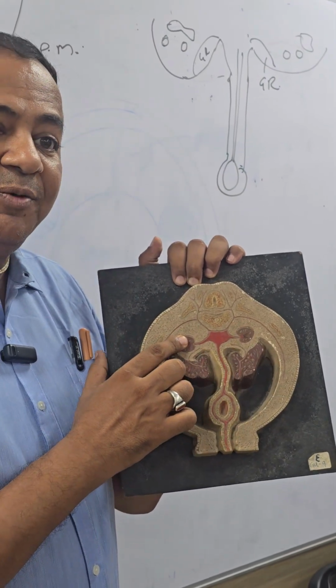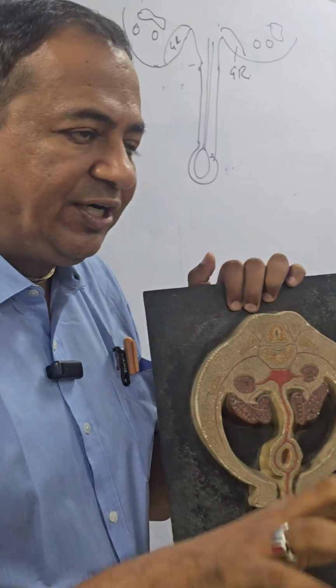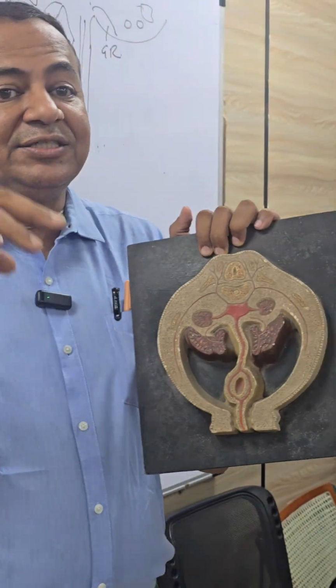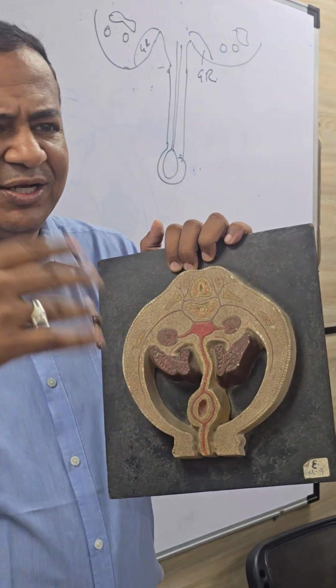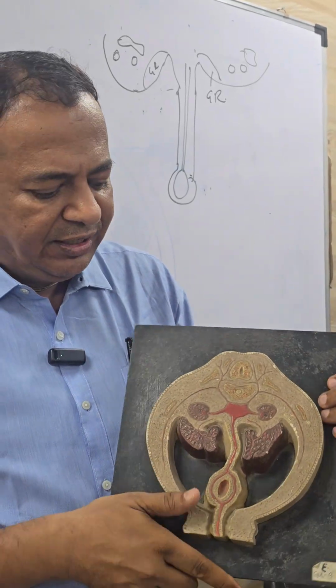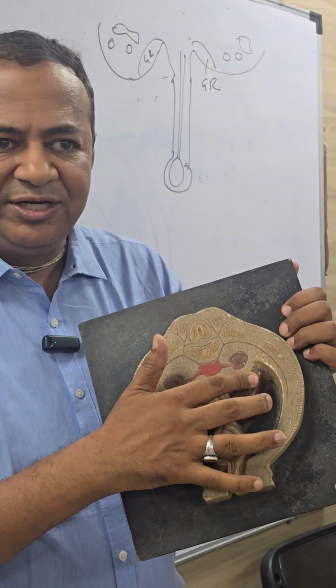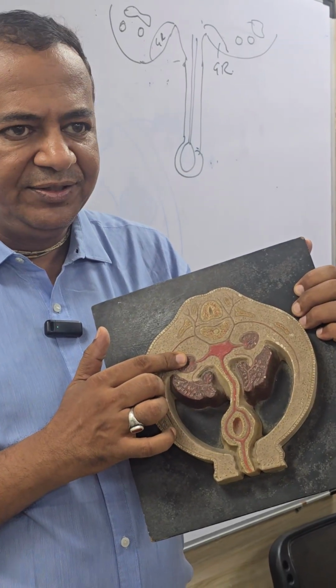This part here is the metanephros, which is going to actually form the kidneys. While mesonephric tubules will just form vasa efferentia in males, and in females they form aberrant tubules. They don't form the kidney. Kidney is formed by the metanephros, which is seen here.